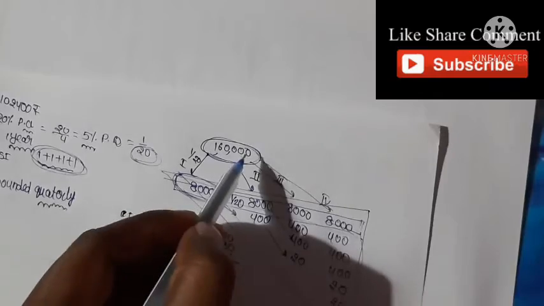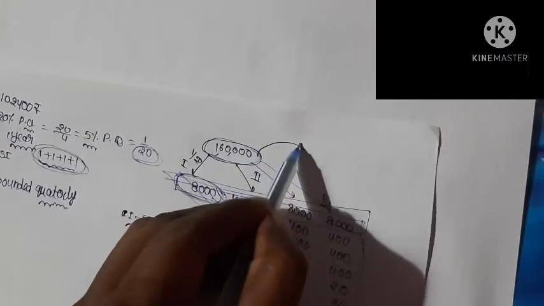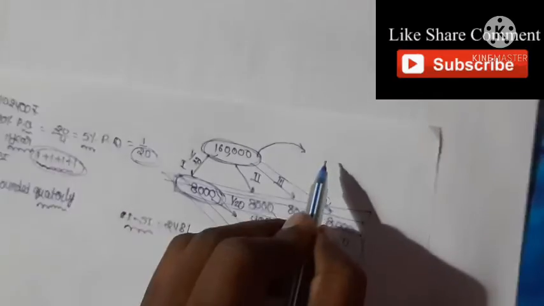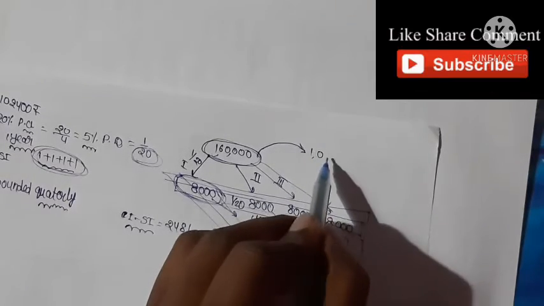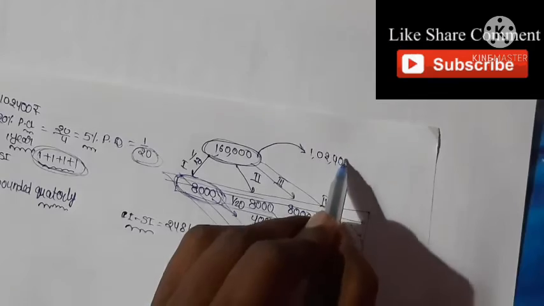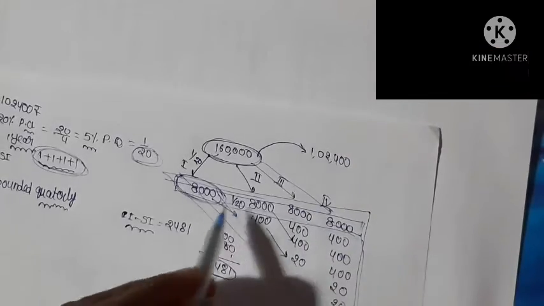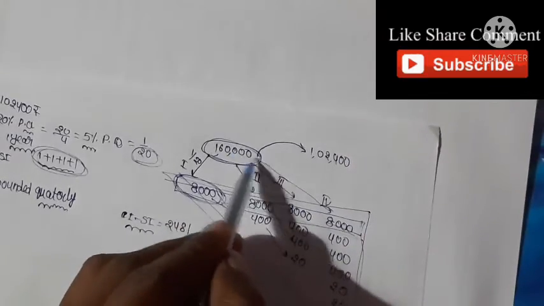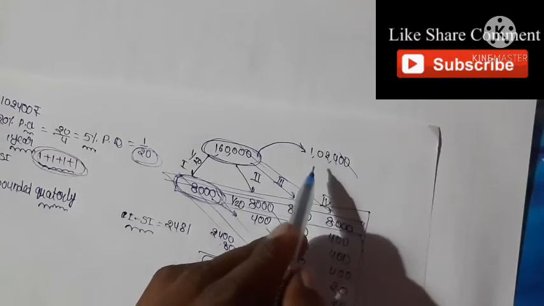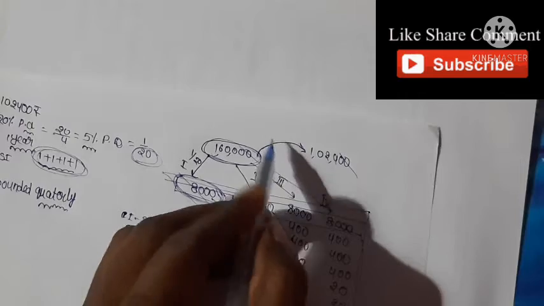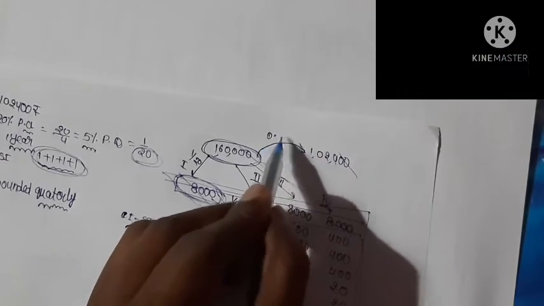Here 1,60,000 represents 1,02,400. So the two zeros cancelled, so 2 power 0.64.